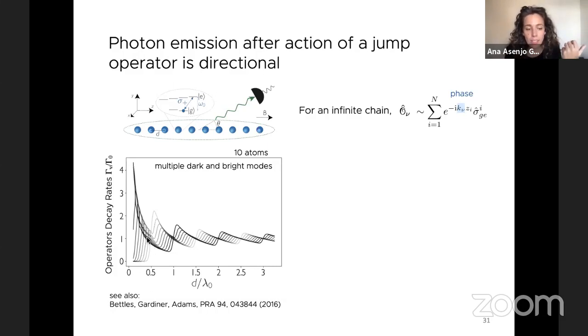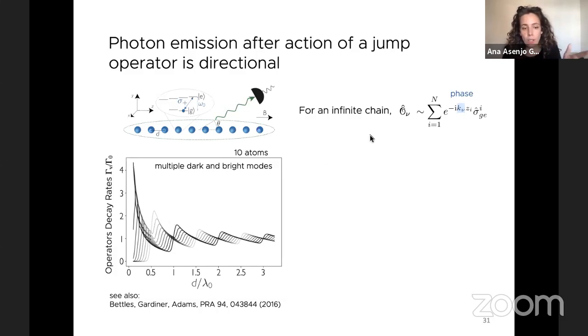The interesting thing in 1D geometry for this polarization is that there are sudden jumps in how radiative these jump operators are. These come from lattice sums that have very long-range 1 over r terms, and this results in these peaks.